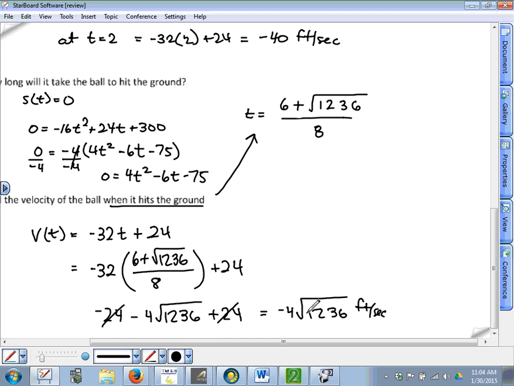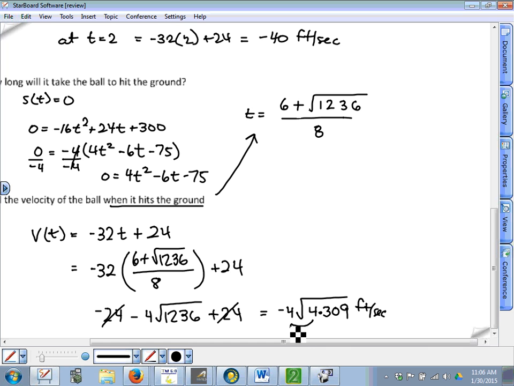Now it may turn out that the square root of 1,236 simplifies here. I'm not super concerned about this simplifying. But just to be exact, if we divided that by 4, it's 4 times 309.